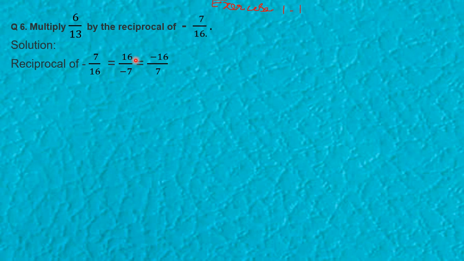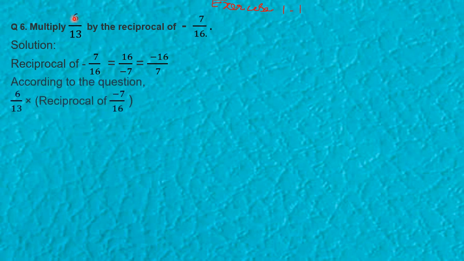That number is 16 upon minus 7, or as the minus sign we place in the numerator, it becomes minus 16 upon 7. So the reciprocal of minus 7 upon 16 is minus 16 upon 7.